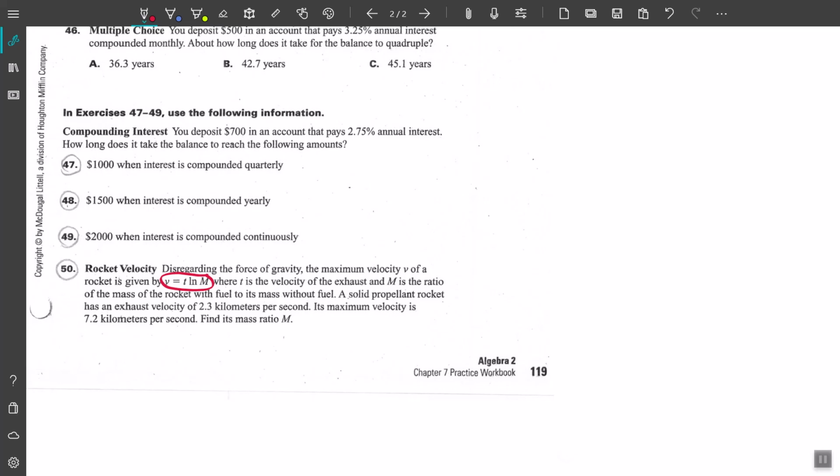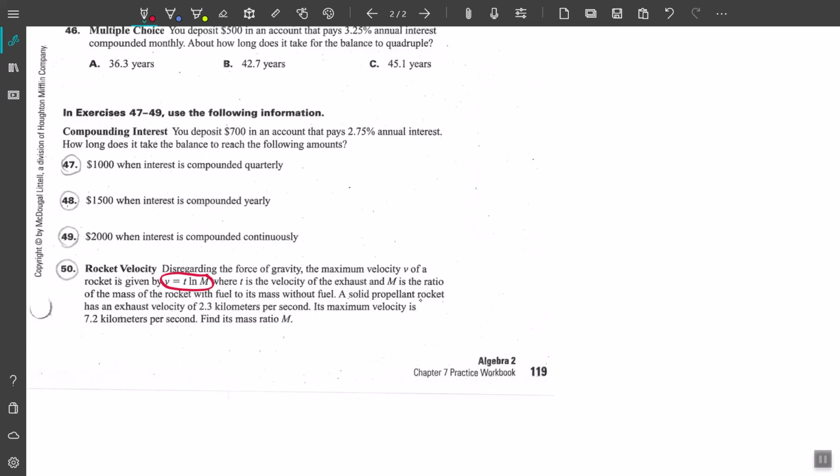And then m is a ratio, like a proportion, a numerator over a denominator, where they're going to have the mass of the rocket with the fuel over top of the mass of the rocket without the fuel. And so that's the ratio that is represented by m. And you can see the natural logarithm in this equation as well.